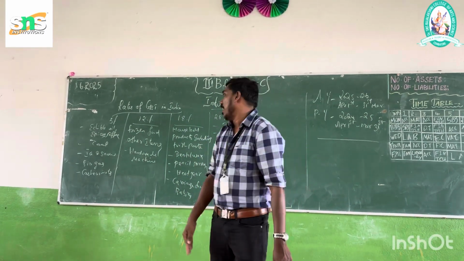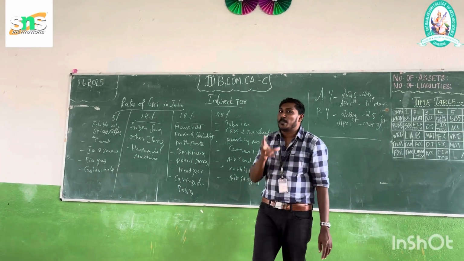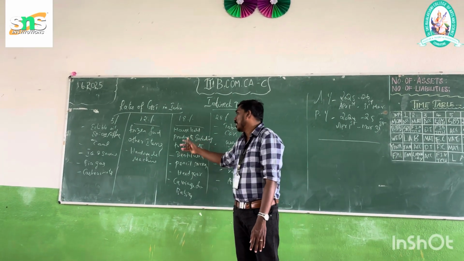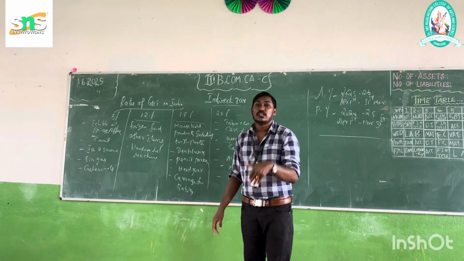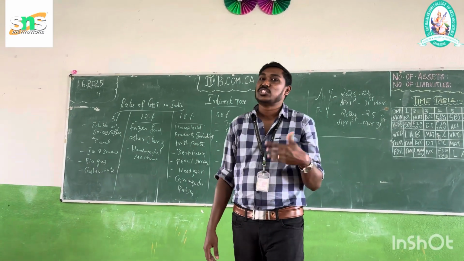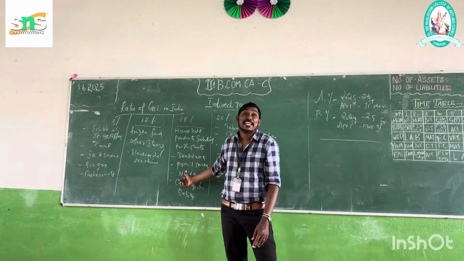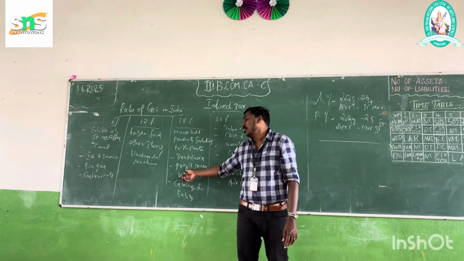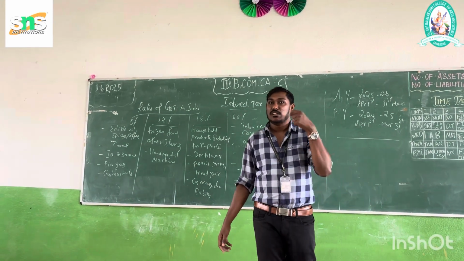And the third one is 18% tax. Which products are covered under this? One is household products including toothpaste and shampoo. Then the second one is dental wax. Third, pencil sticks, and fourth, kajal.